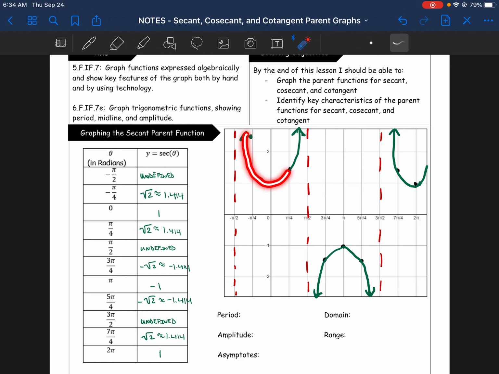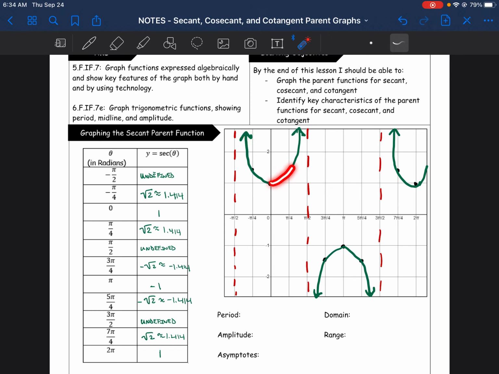So we have this little positive section of y equals secant of theta, then we have this negative section of y equals secant of theta, and it appears that after the negative section of the graph, the positive section returns. So let's look at from here, 0, all the way to here at 2 pi. That's where we have one complete cycle.